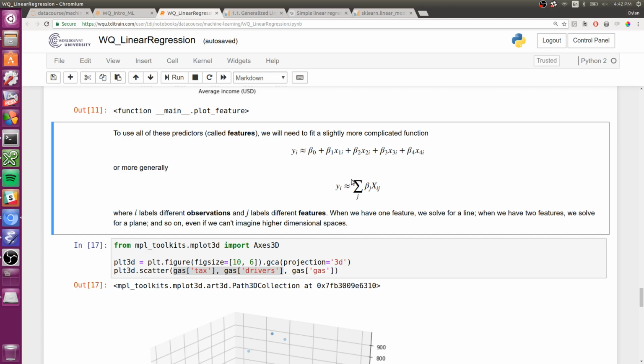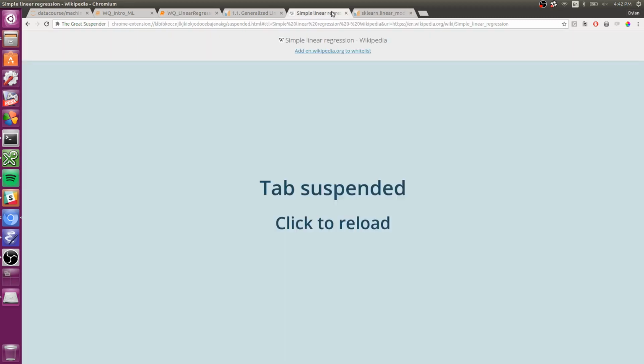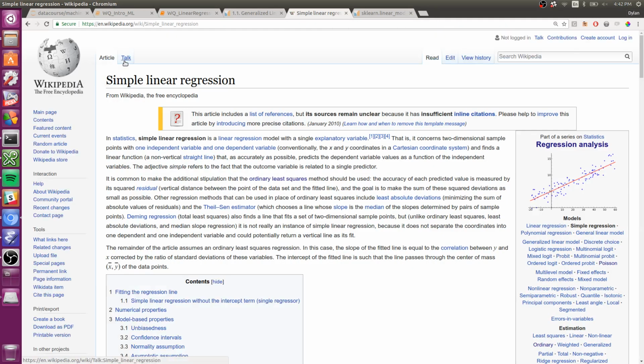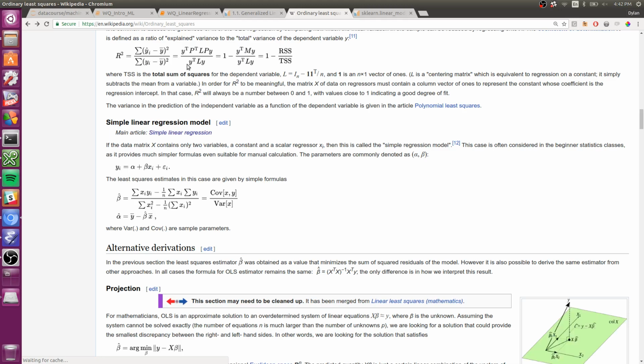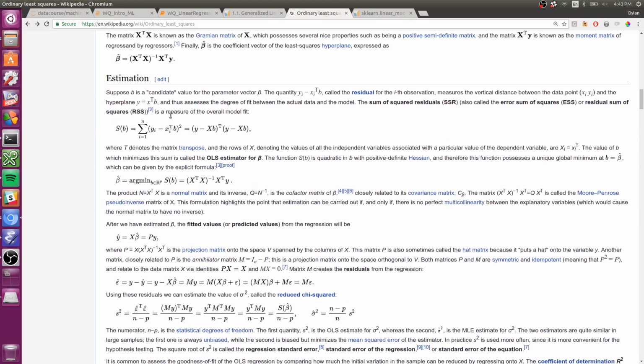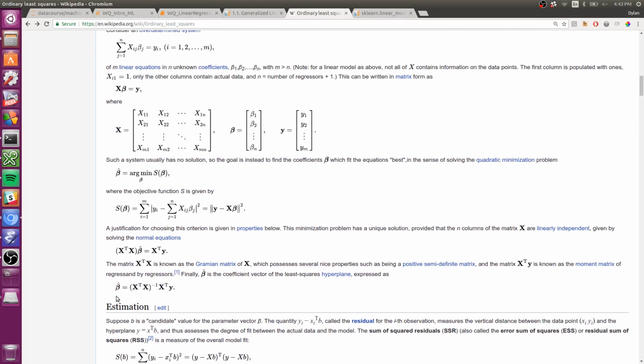And to actually calculate these beta j, in general, if I go back to ordinary least squares regression, the general case is the vector of model parameters is calculated based on the feature matrix and the vector of y values. And you can see there's a matrix inversion here. So I have some matrix multiplication with an inversion.